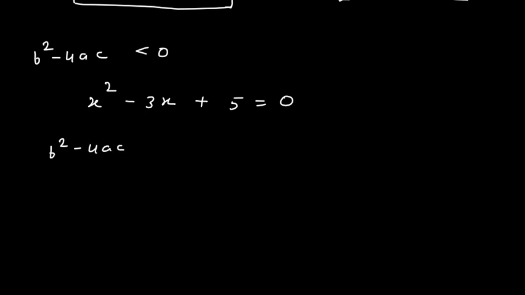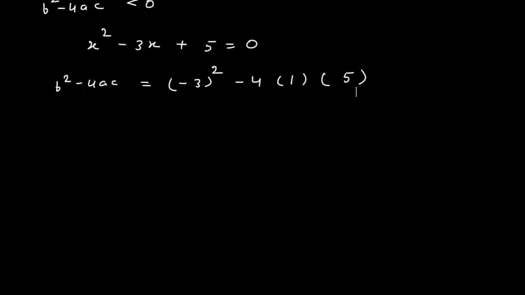And the third condition for discriminant is that b square minus 4ac is less than 0. When b square minus 4ac is less than 0, we will have no real root. For example, if we take x square minus 3x plus 5 equal to 0, here b square minus 4ac will be equal to minus 3 square minus 4, the value of a is 1, the value of c is 5.